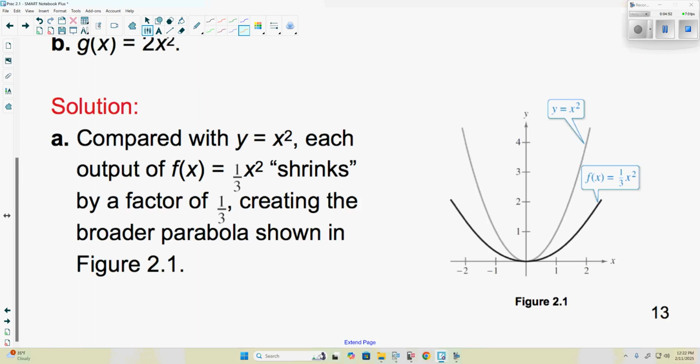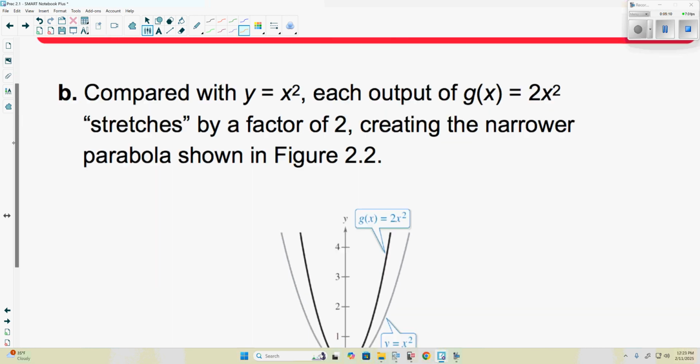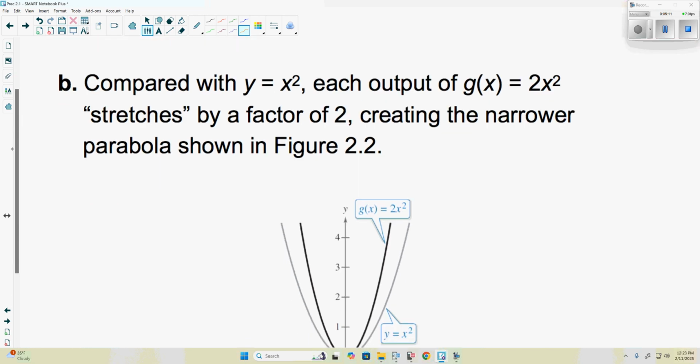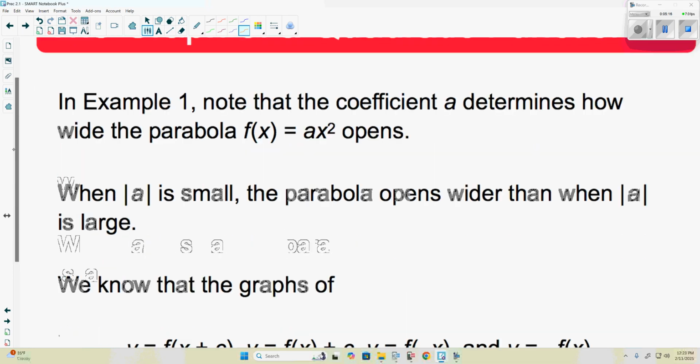Compared with y equals x squared, our original function, the one that's grayed out, the output of f of x equals 1/3 x squared shrinks by a factor of 1/3. Or 2x squared is stretching the graph by a factor of 2. So it's a way to get to our functions.